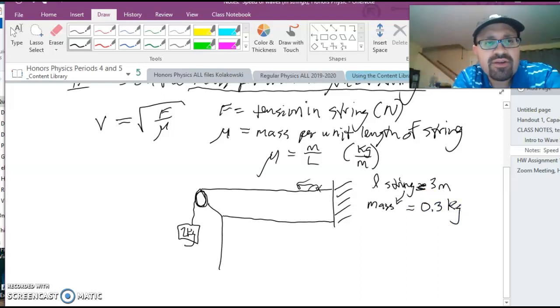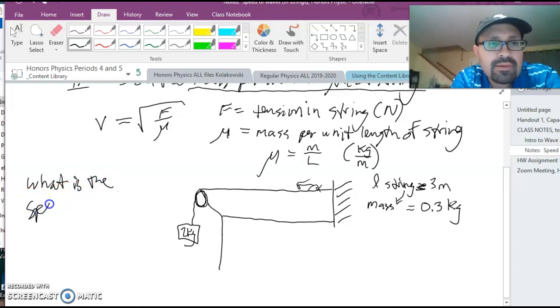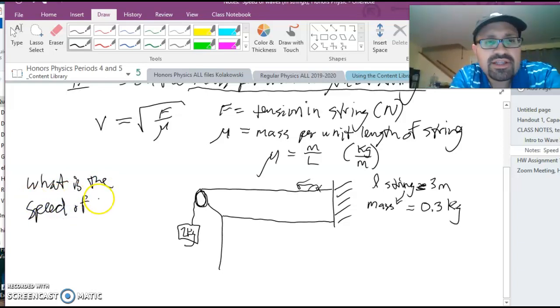Again, I'll write the question over here. What is the speed of a pulse on this string?